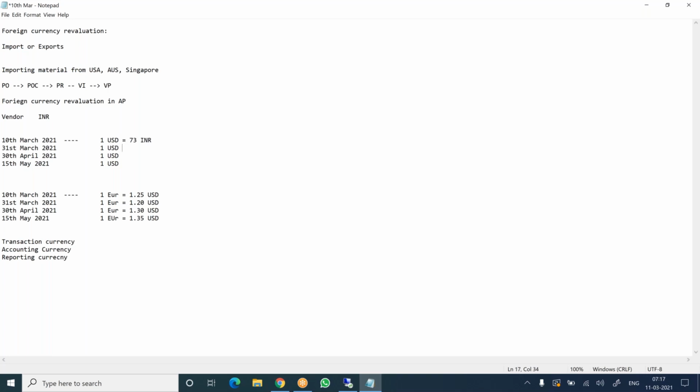Now I will change it to 75 rupees. Next I will change it to 78 rupees. Otherwise I will make it 70 rupees, and finally it is 69 rupees.